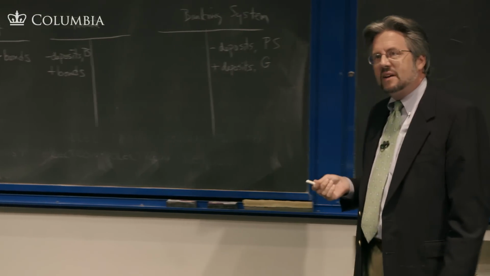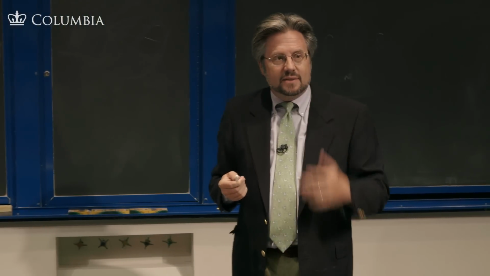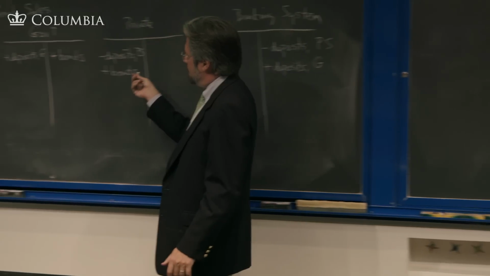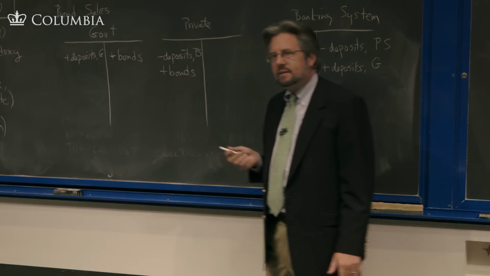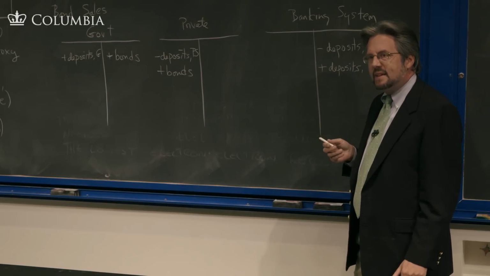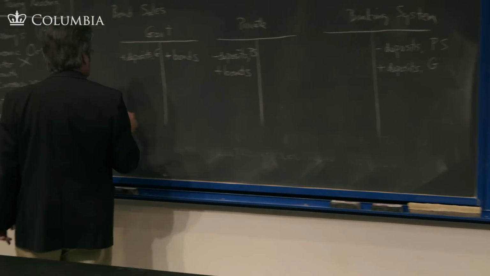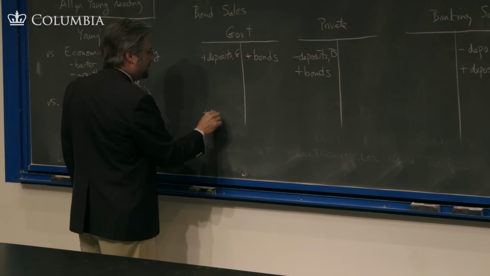But if the government can't sell bonds, or is worried that the private sector is going to require way too much interest or something like that, then instead of trying to sell them to the private sector, it might sell them directly to the banking system, or take out a loan from the banking system, like this.